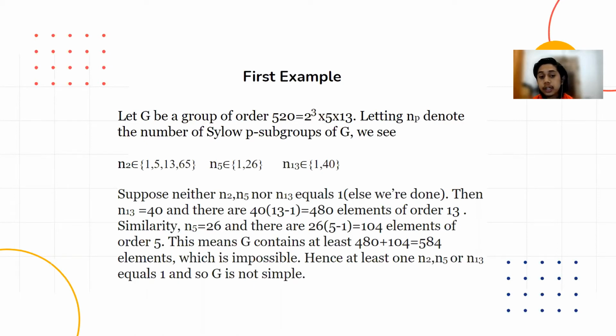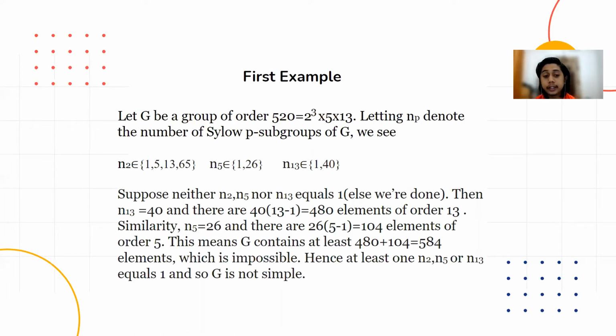So suppose none of n_2, n_5, nor n_13 equals 1. Then n_13 is equal to 40, and there are 40 times (13 minus 1), equal to 480 elements of order 13.